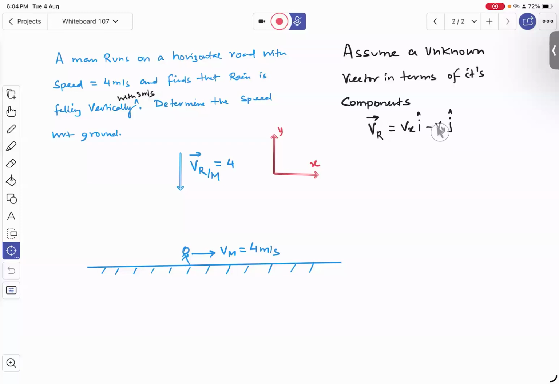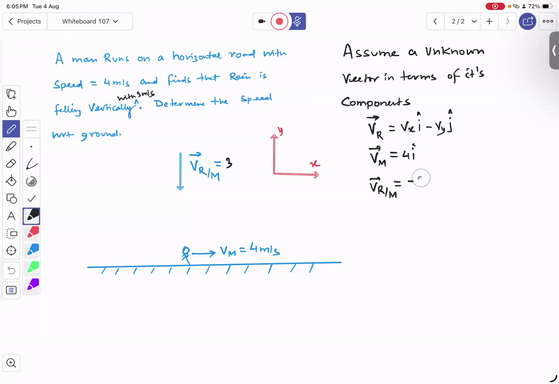Beforehand only, I considered that the y component of the velocity of the rain with respect to the ground frame will be negative. Now, the velocity of the man is given as 4 i cap. And the velocity of the rain with respect to the man is, rain is falling with 3, I wrote 4 by mistake, so the velocity of the rain with respect to the man is minus 3 j cap.